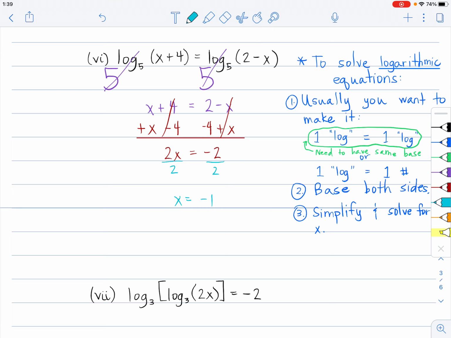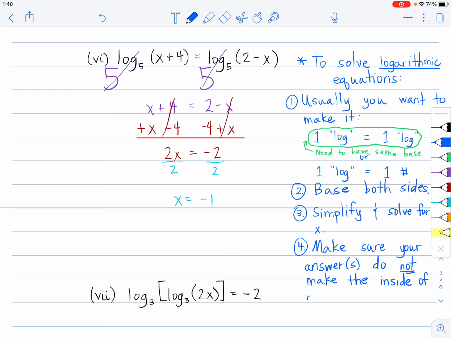And the last step, which is also not optional on logarithmic equations, is you need to check to make sure your answer or answers do not make the inside of an original log 0 or negative.